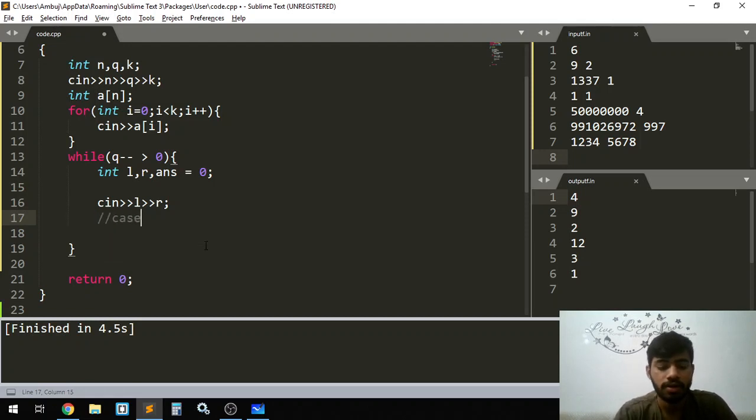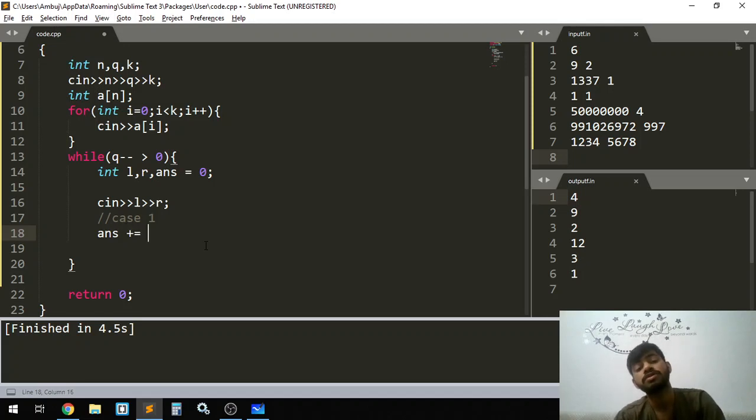Our answer will be, for case 1, answer plus equals a of L minus 1, because it's already given in sorted order.